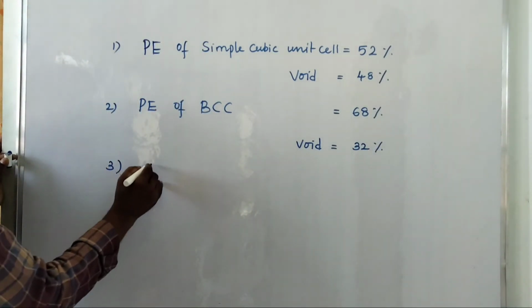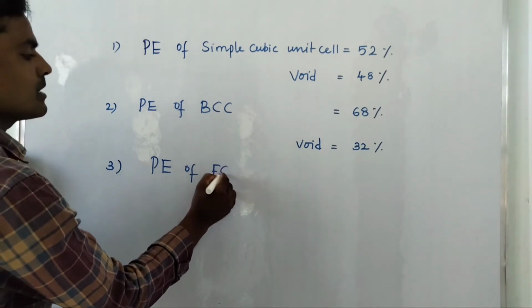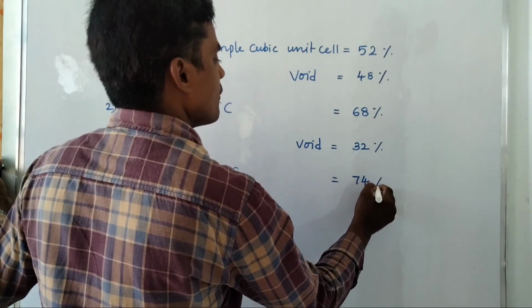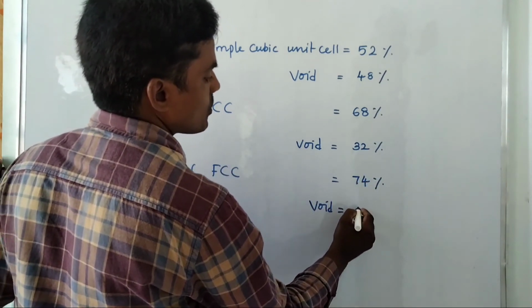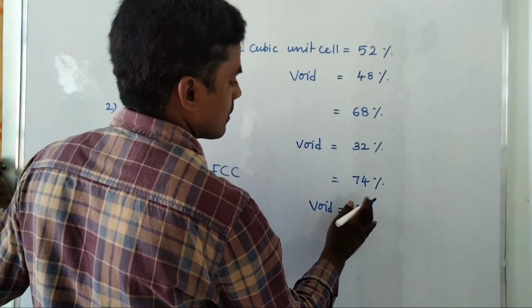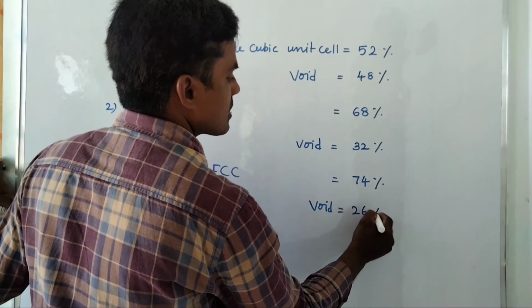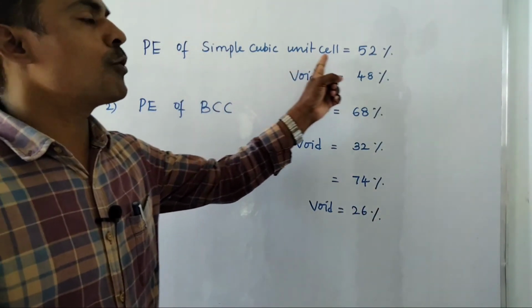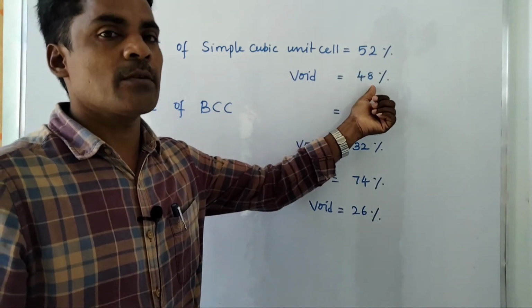Next, the packing efficiency of the face centered cubic unit cell equals 74%, and void or vacancy equals 26%.